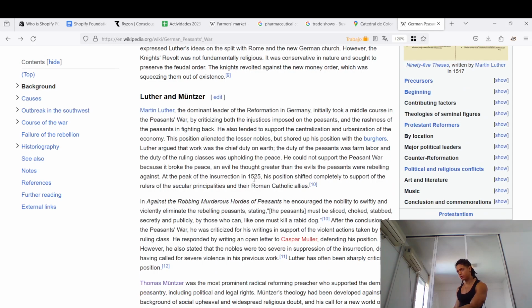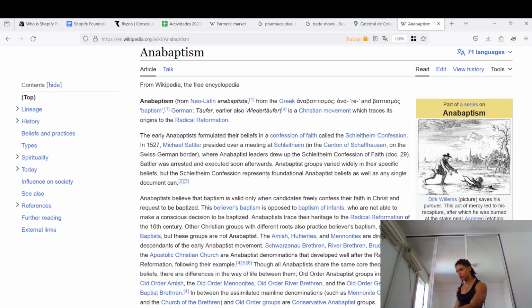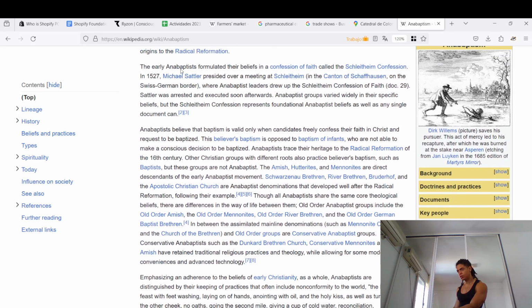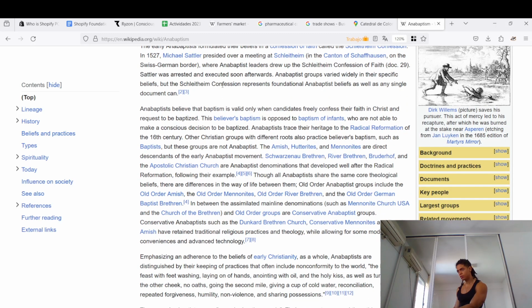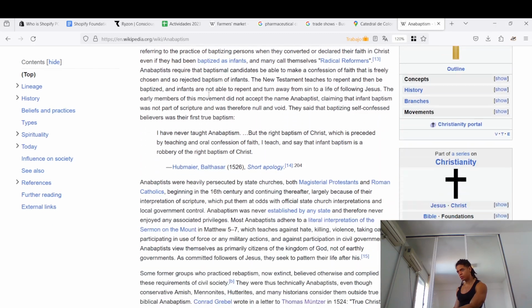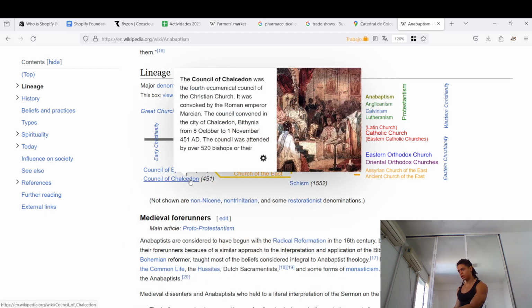Luther and Münster. Michael Sattler. The Council of Ephesus. The Council of Chalcedon.